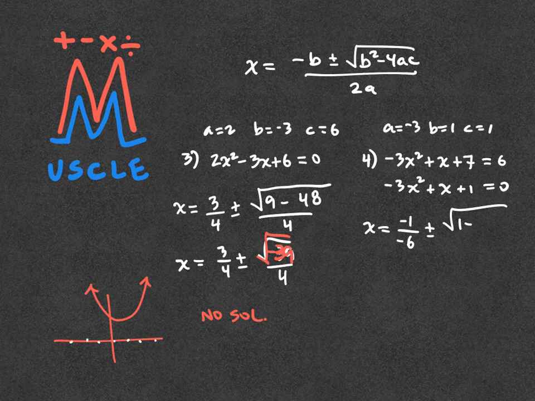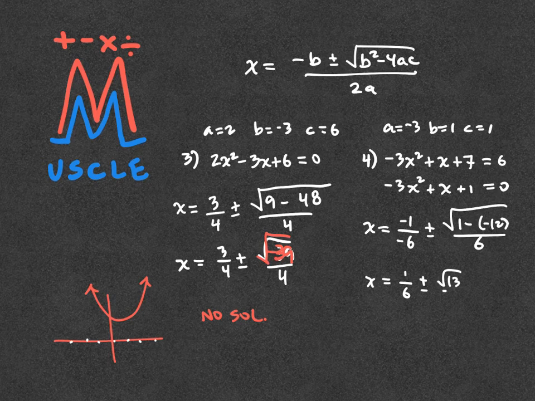So be careful here. 4 times -3 is -12 times 1 is still -12. So I'm going to get x is equal to 1/6 plus or minus the square root of 13 over 6.